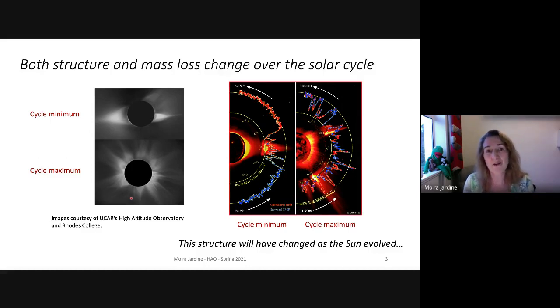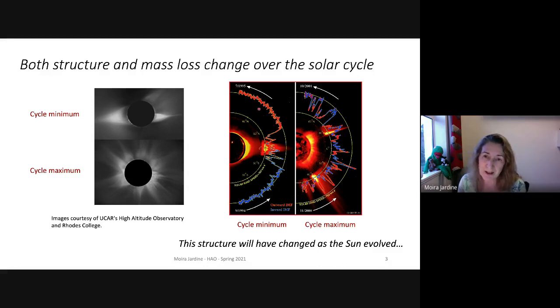It's not just the structure of the magnetic field and its associated plasma that changes, however. If we look at the two right-hand images, we can see how the solar wind changes. These are each composite images. At cycle minimum, there's an X-ray image showing the hot emitting gas of the corona. You see it's mainly close to the equatorial plane. Overlaid on this are contours showing the speed of the solar wind.